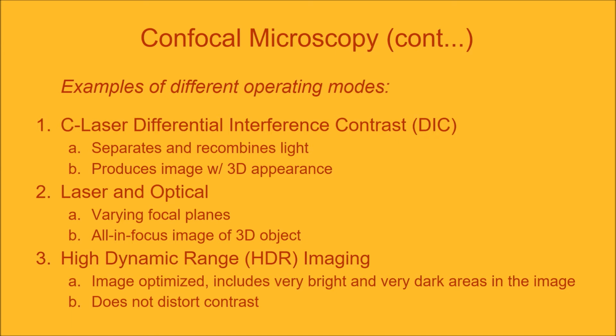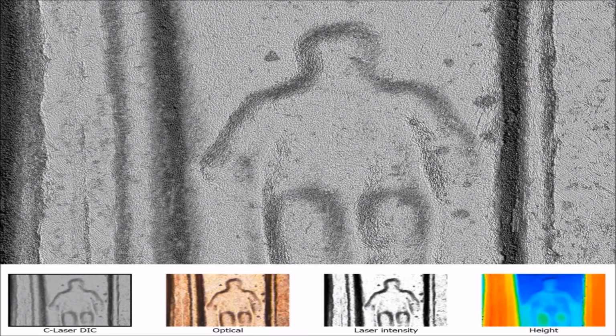The DIC mode separates and recombines light to produce an image with a 3D appearance. The laser and optical mode creates a combined image of varying focal planes, giving an all-in-focus image of a 3D object. The HDR imaging mode optimizes the image to include the bright and dark areas of the image, displaying the sample image without distorting its contrast.